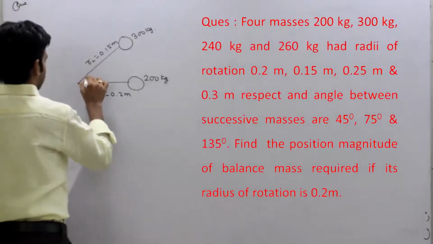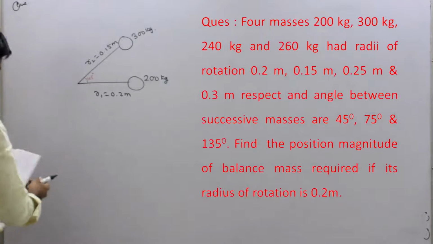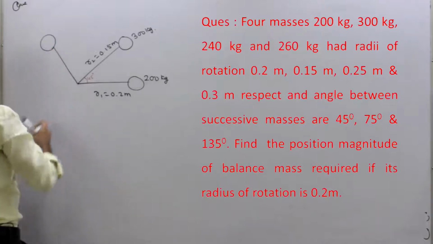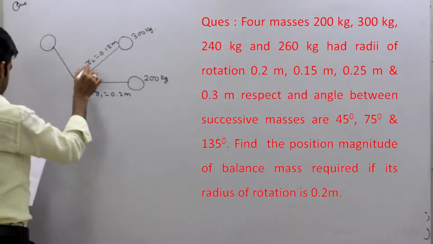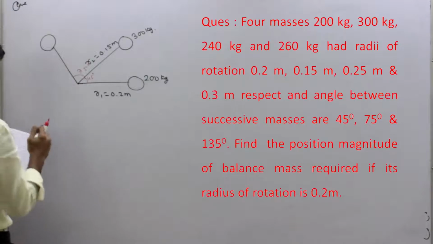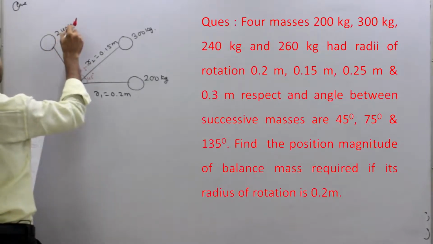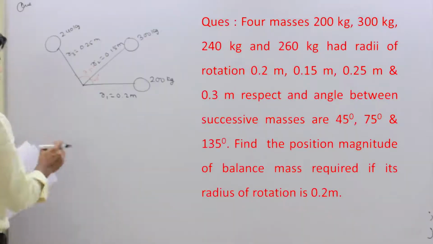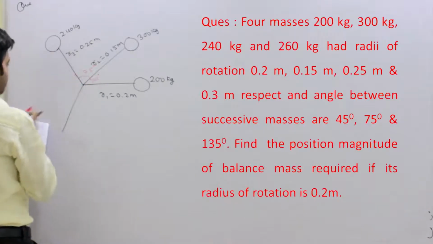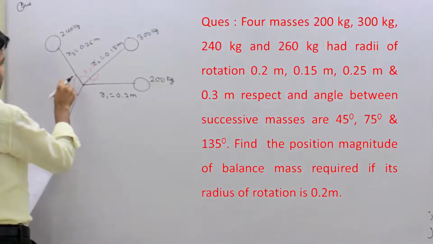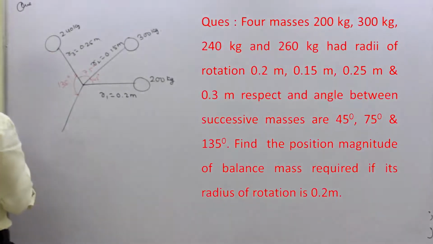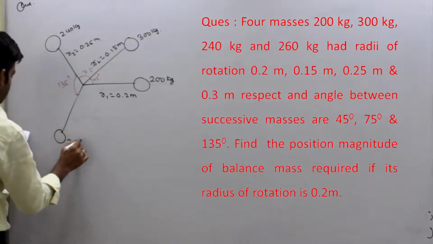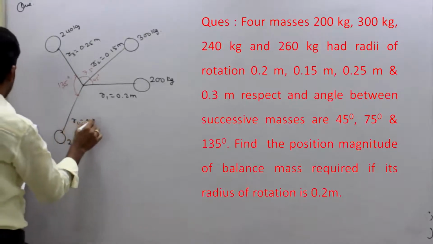Next is at 75 degree from this plane, we have another mass of 240 kg, and the radius of rotation r3 is given as 0.25 meter. Last, at an angle of 135 degree, we have another mass of 260 kg, and the radius is given as 0.3 meter.